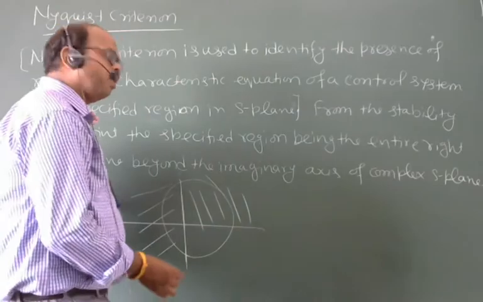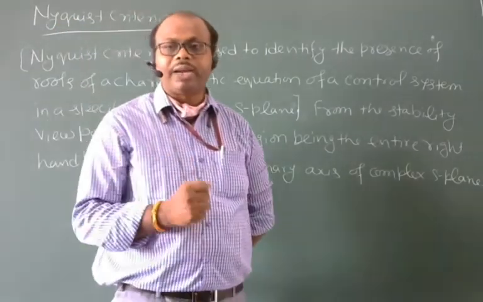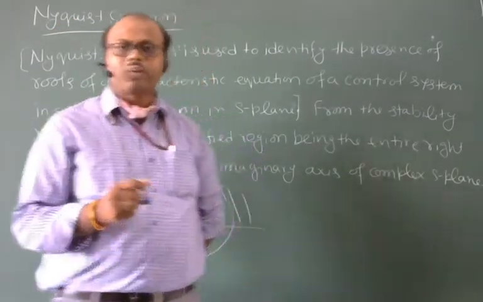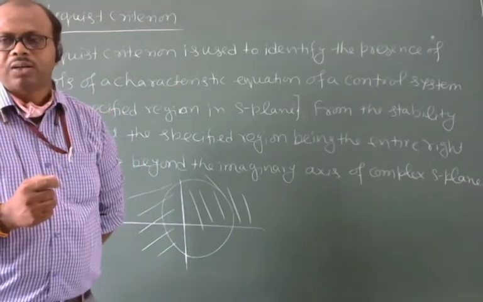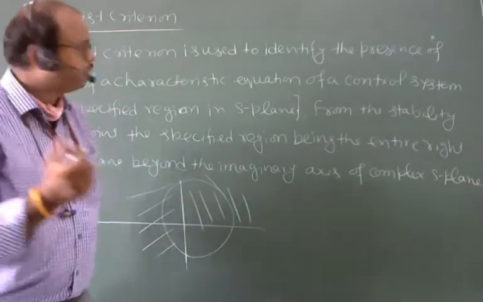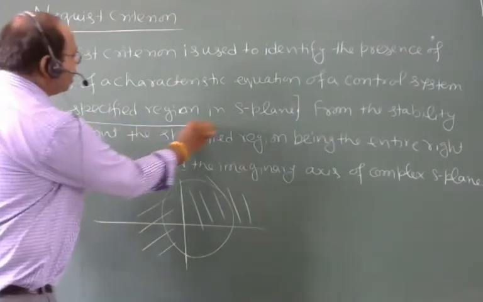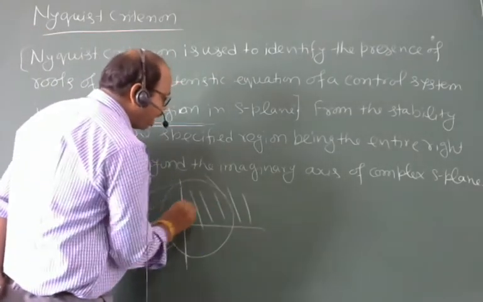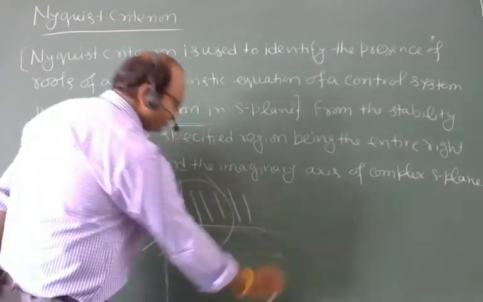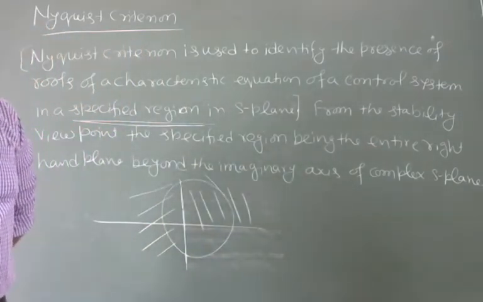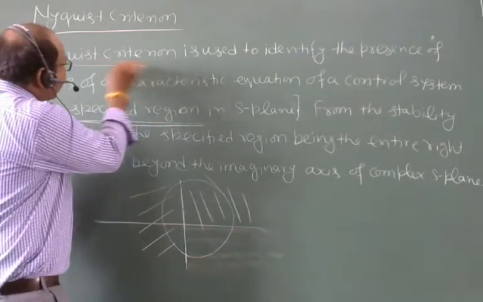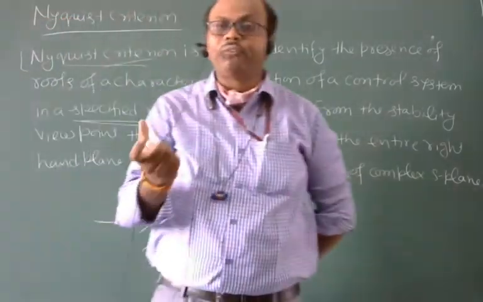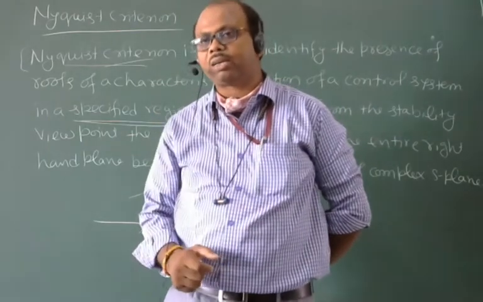So, what did Nyquist decide? Nyquist decided to select the specified region as the entire right half plane, since this criteria is used to identify the presence of roots of the characteristic equation.